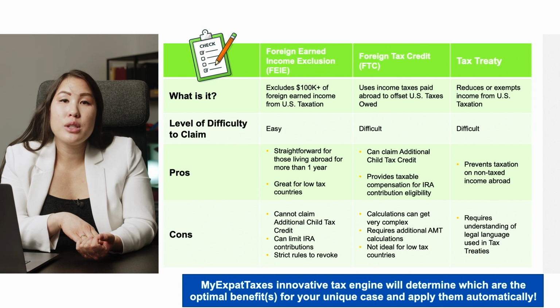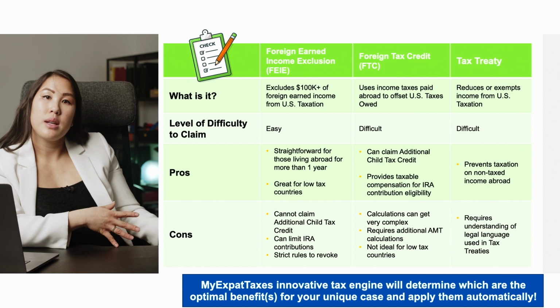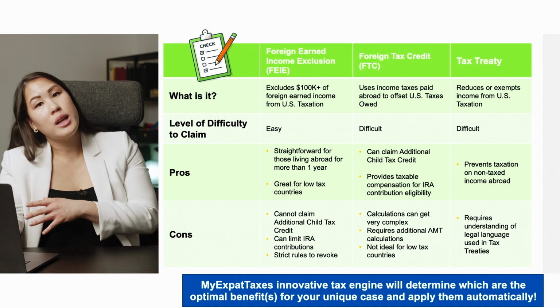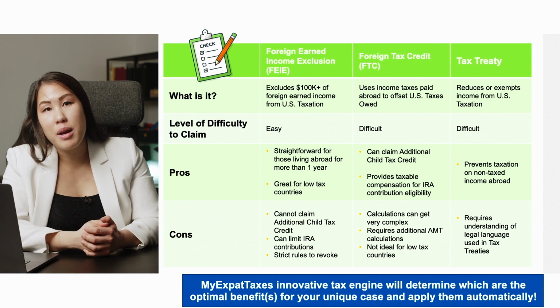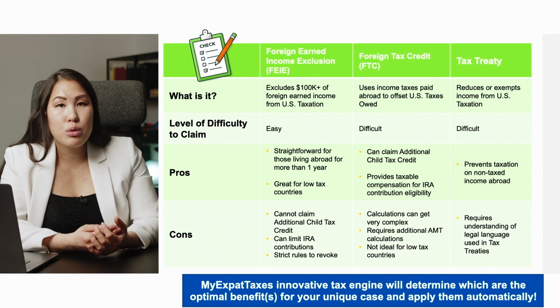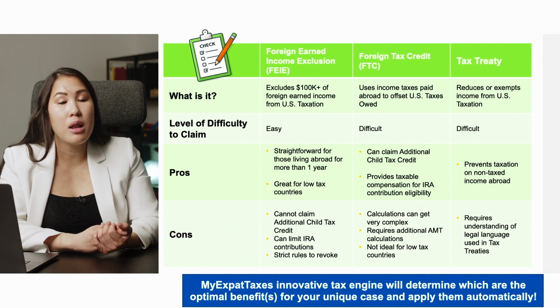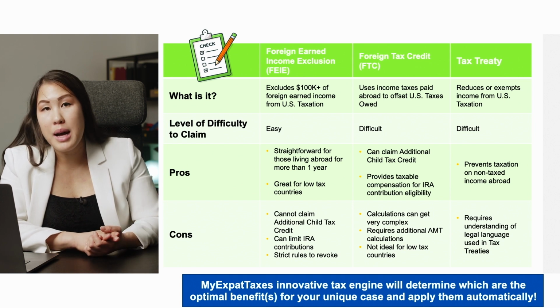So a lot of tax treaties will say social security benefits are taxable only in the US, or they're taxable only in the UK, or it depends on who's the payer of the social security benefits, or depends on where you live. But it will give you quite clear rules about who taxes what income, and a lot of the times foreign social security benefits will not be taxable by the US.